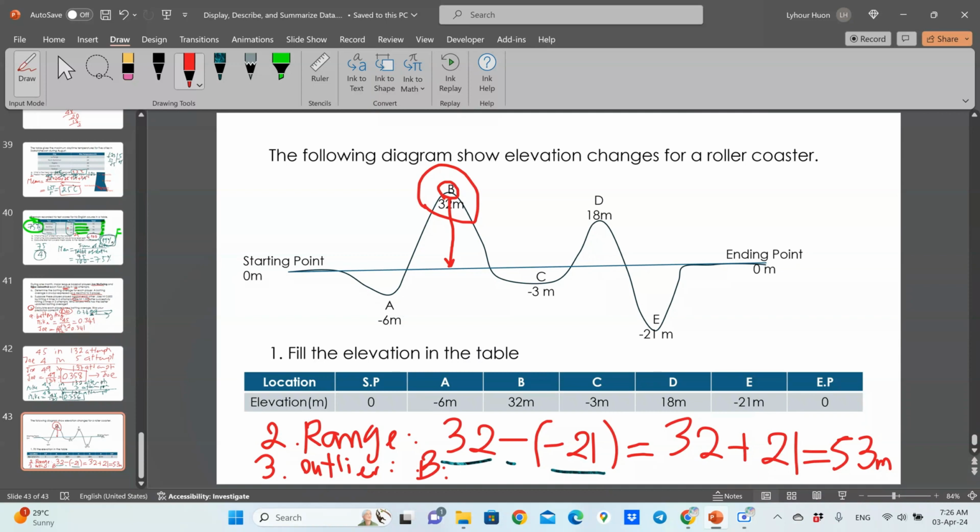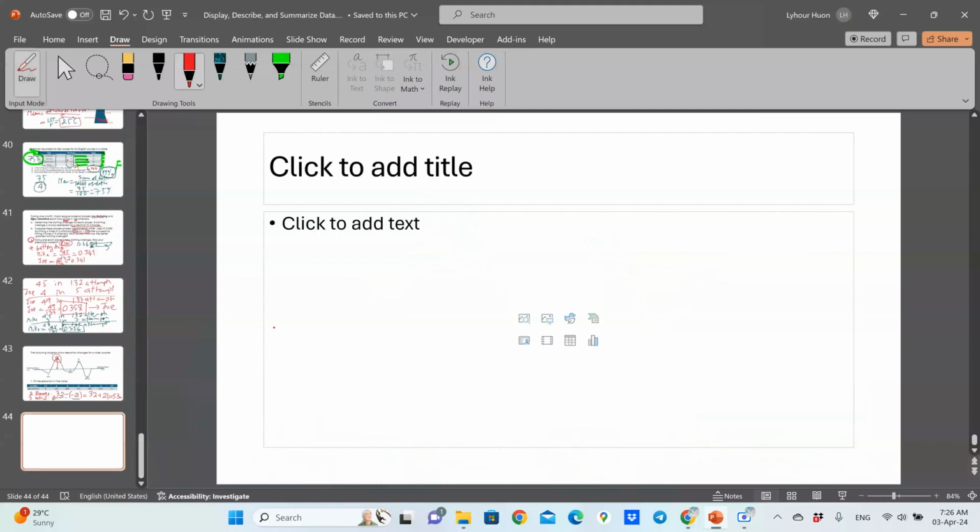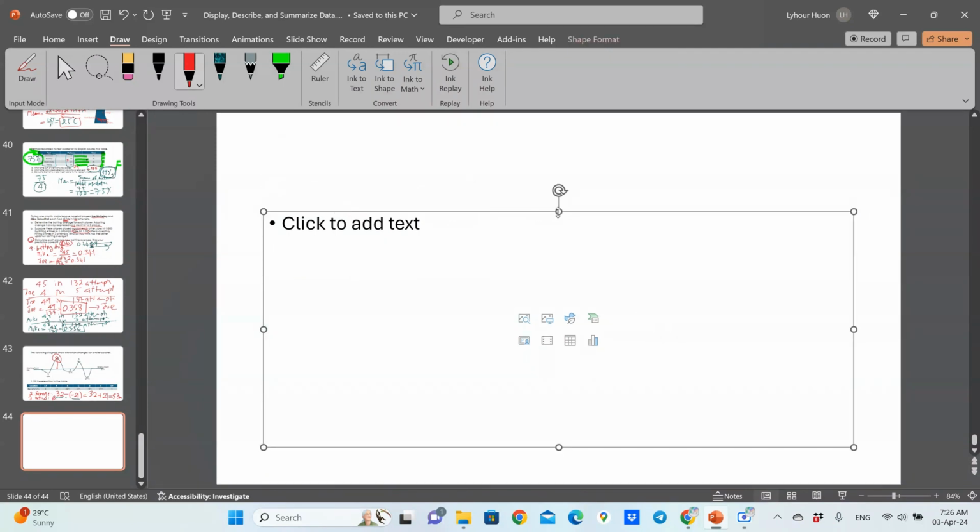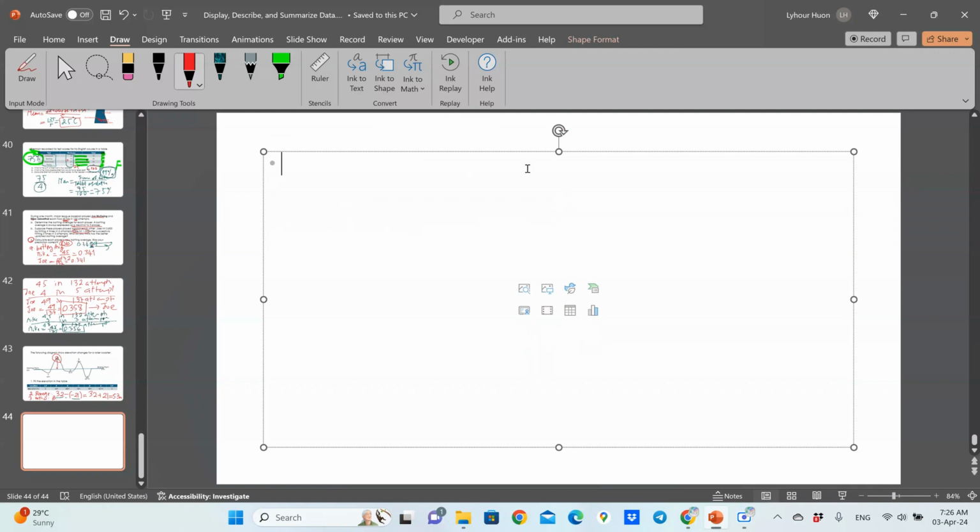Okay, so for this scenario, we want to discuss the range and the outlier. Let me write the definition of the range. Actually, you already know the definition. By the way, the range is always positive.